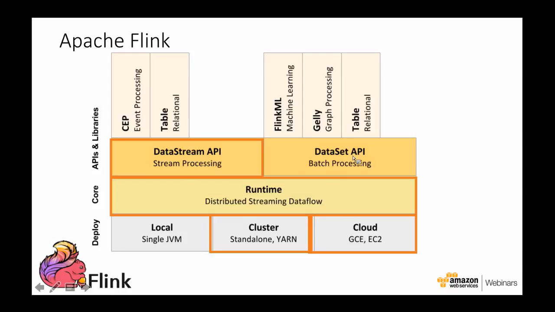There's a batch processing API, a data set, and a data stream processing API, and then additional libraries on top of that that allow you to work with Flink as the substrate, but attach things like machine learning, graph processing, and even relational table querying. It can deploy in a variety of ways. We'll see in our demo, we deploy it using Yarn on EMR, but you can deploy it in a variety of other ways.